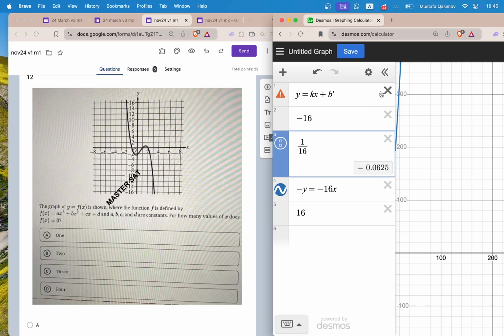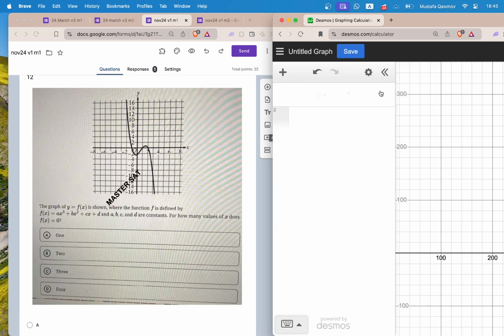12. I saw a lot of students have difficulty with these two: f of x equals 0 and f of 0.